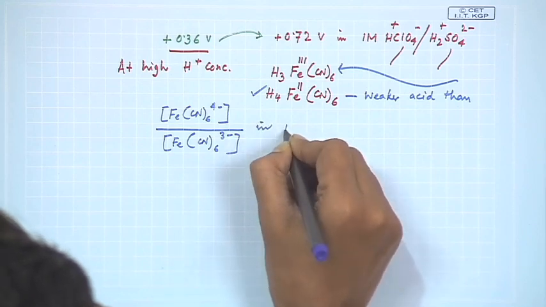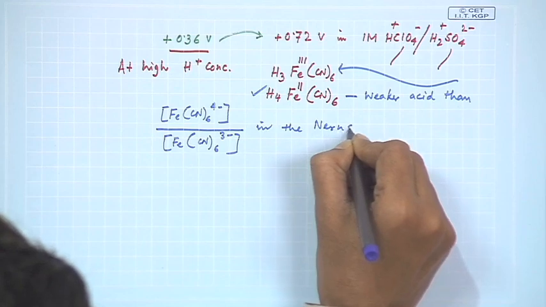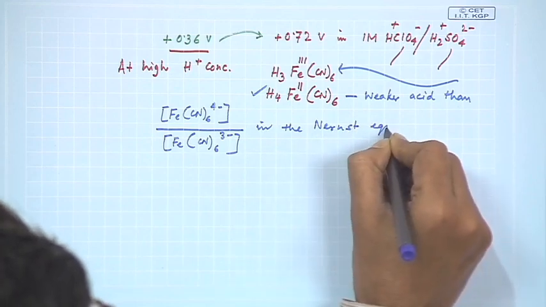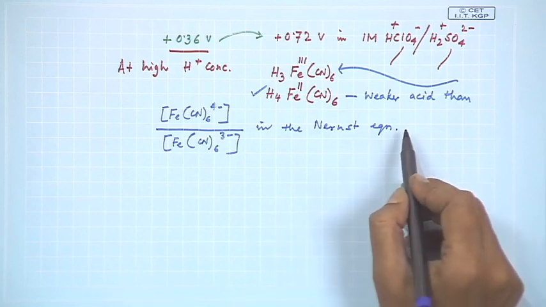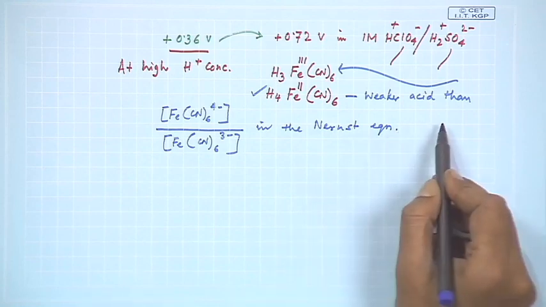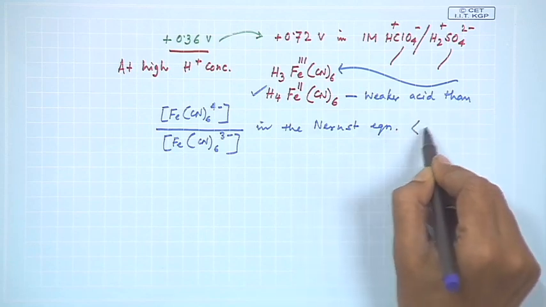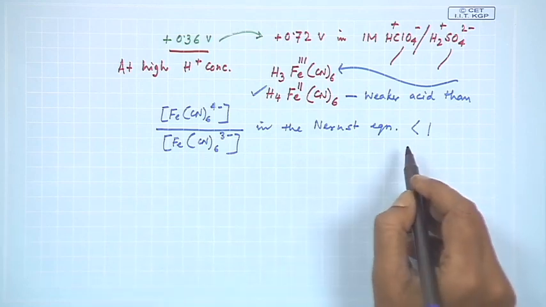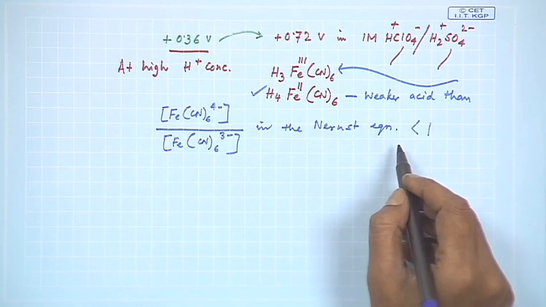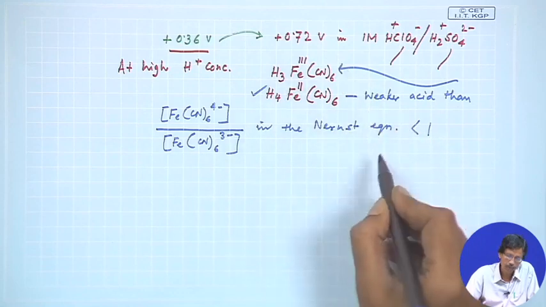So, in the Nernst equation, as I told you, we are talking about the magnitude of the ratio being greater than 1 or less than 1. So this is less than 1, and when it is less than 1 we get the information that the observed potentials are going up.